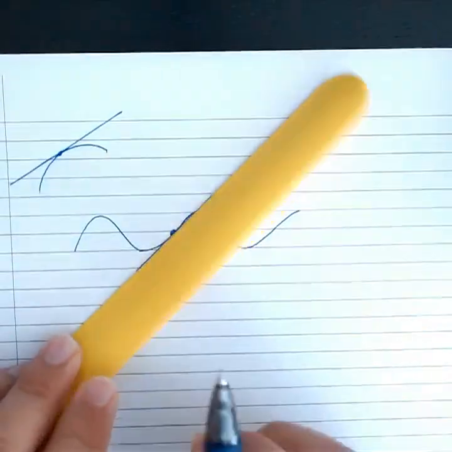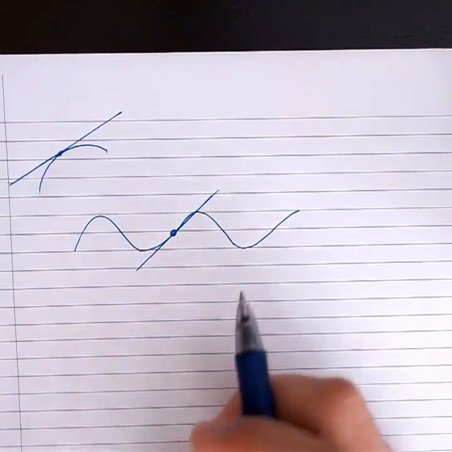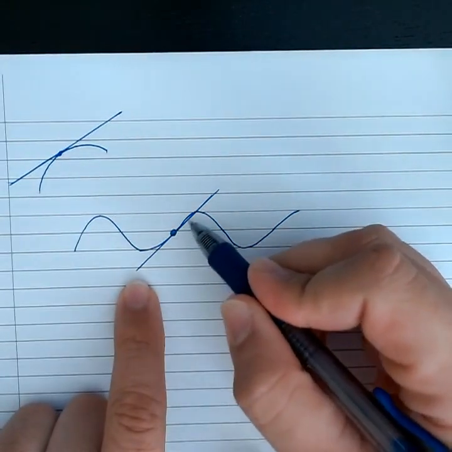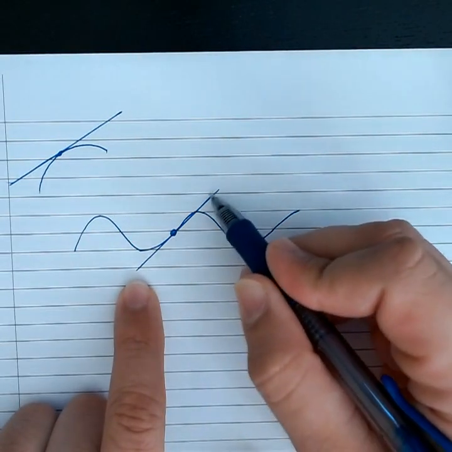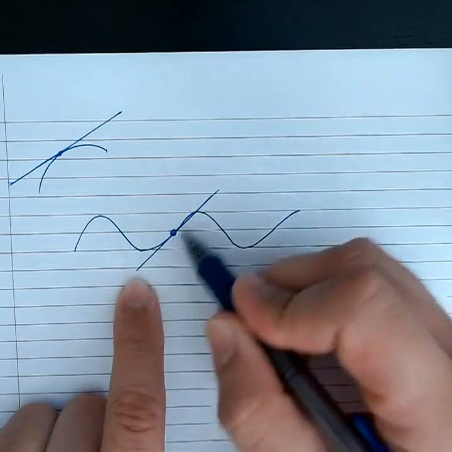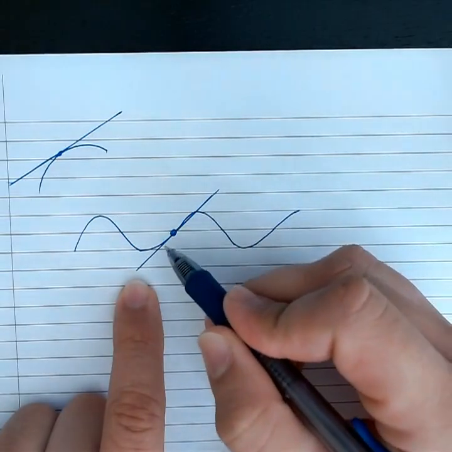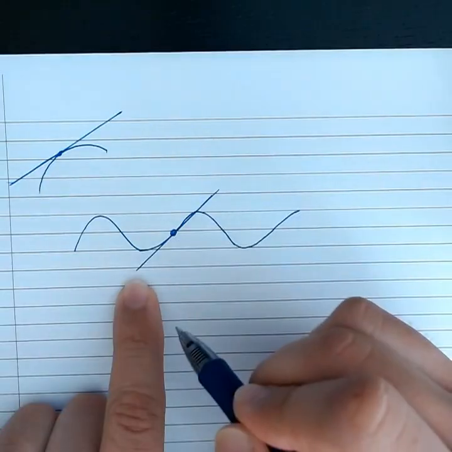And of course, we can find that using the derivative. Note that at this point, the derivative of this line, since that's a straight line, is just its slope, and the derivatives of the curve and this line are the same at that one point right there.